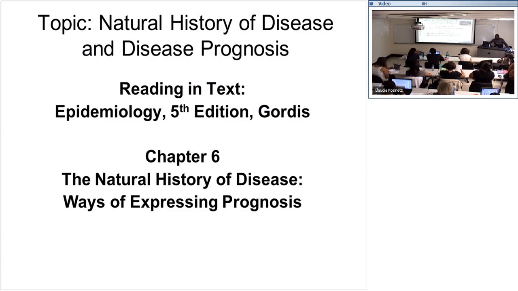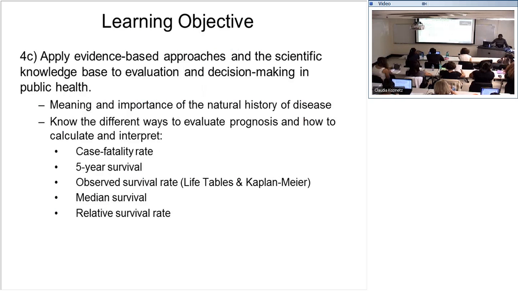So let's briefly look at the objectives for the lecture today. Today we want to understand and be able to appreciate the importance of the natural history of disease. And then we also want to be able to know some ways of talking about the natural history of disease.